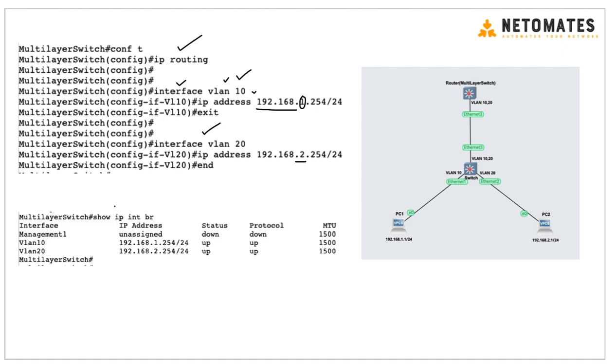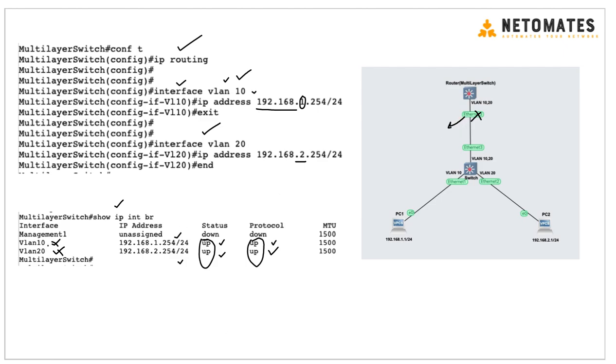If you do show ip interface brief, VLAN 10 and VLAN 20 have the IPs and their status is up. The status depends on the actual physical interface. Suppose you shut down Ethernet 3, these two interfaces will also go into shutdown state, because they are actually built upon the physical interface Ethernet 3.